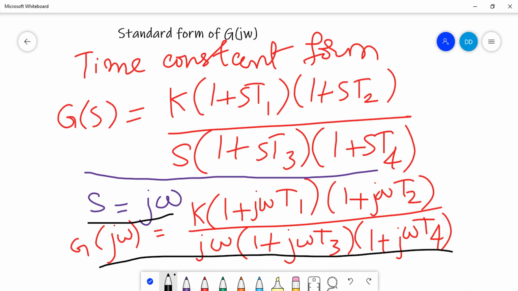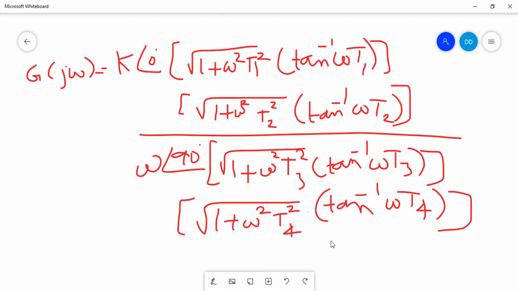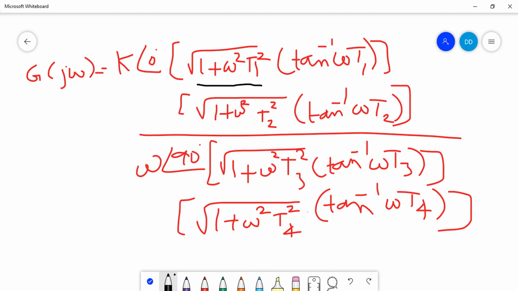So we have to consider the magnitude and phase angle of this particular transfer function. You can observe here K becomes K at an angle 0 degree, whereas the magnitude of 1 plus j omega T1 is root of 1 plus omega square T1 square. Its angle is tan inverse of omega T1.